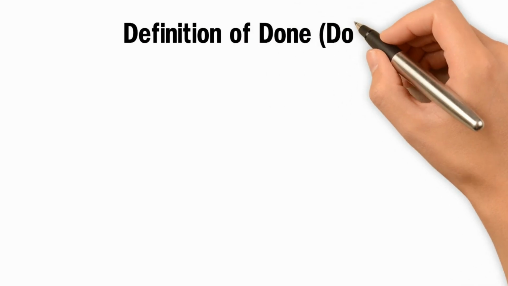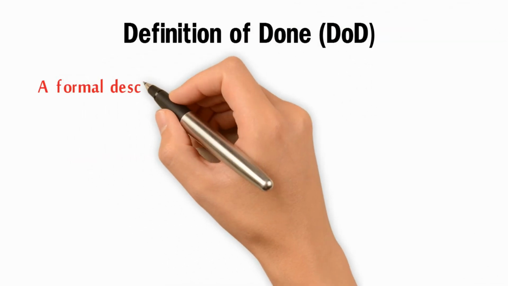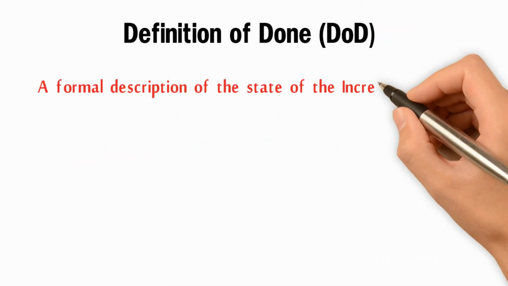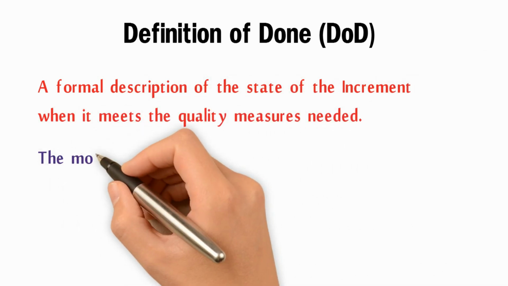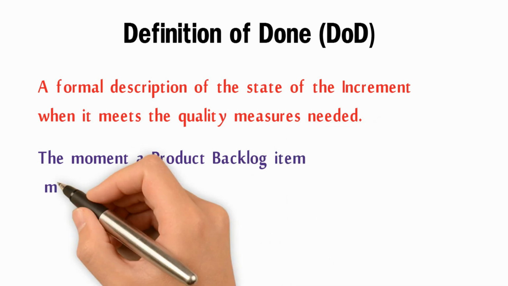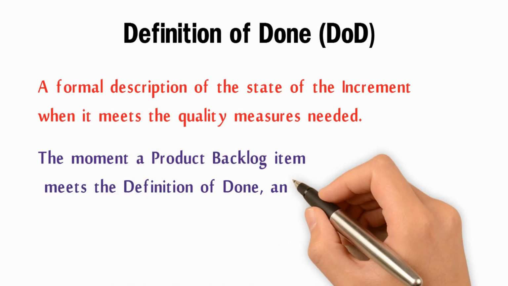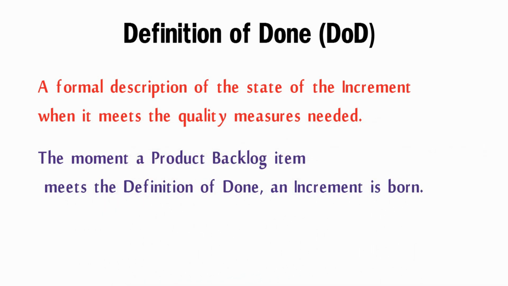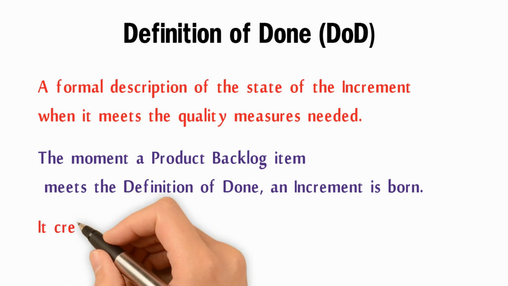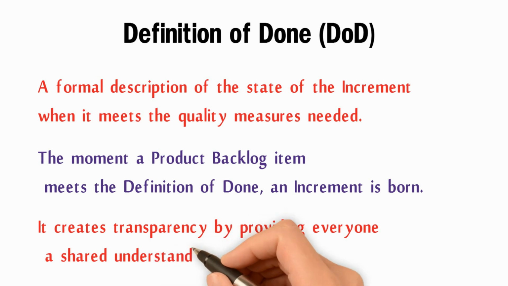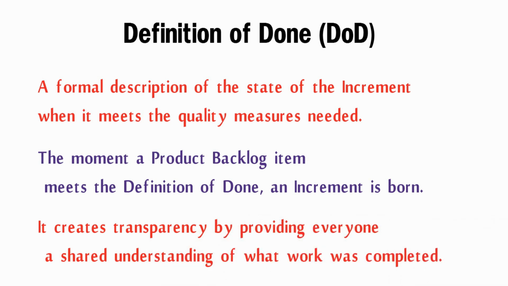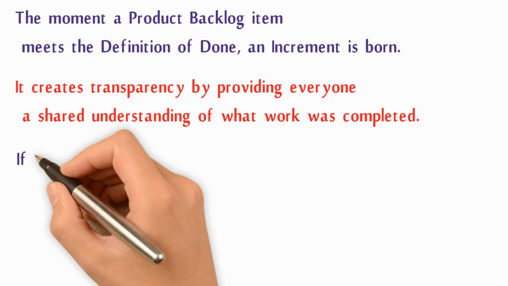Definition of done. A formal description of the state of the increment when it meets the quality measures needed. The moment a product backlog item meets the definition of done, an increment is born. It creates transparency by providing everyone a shared understanding of what work was completed.